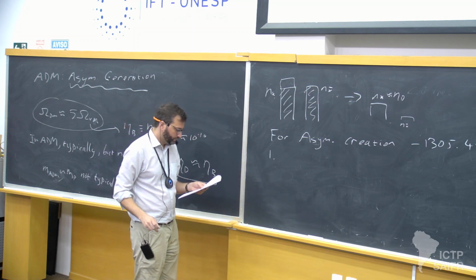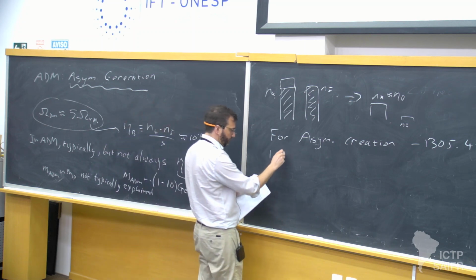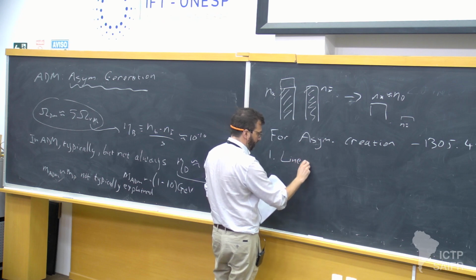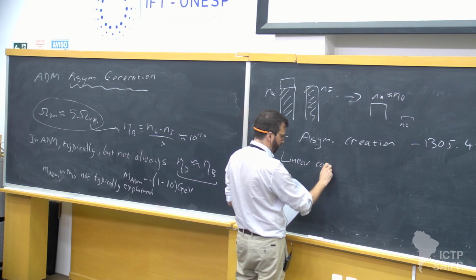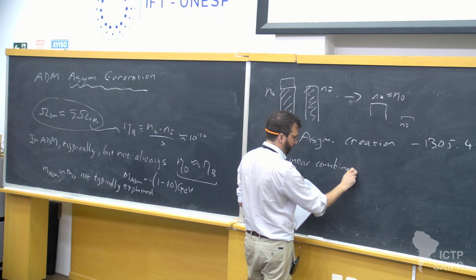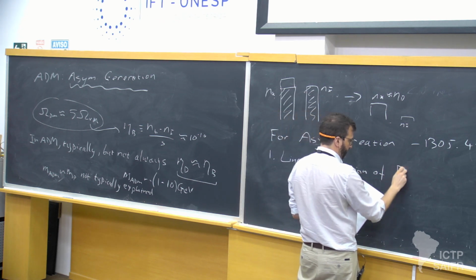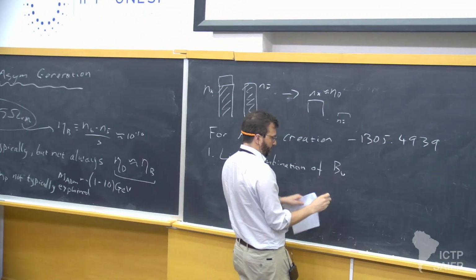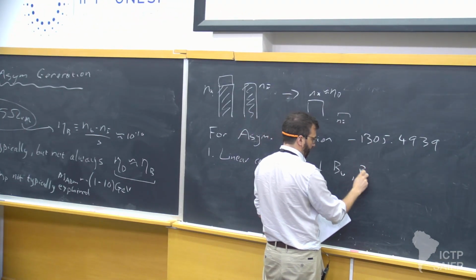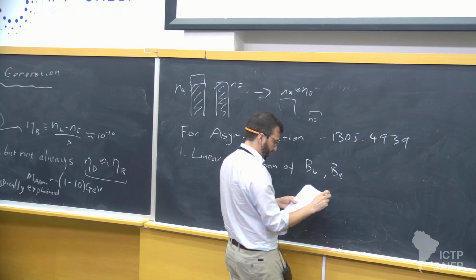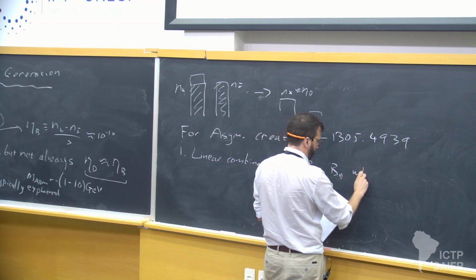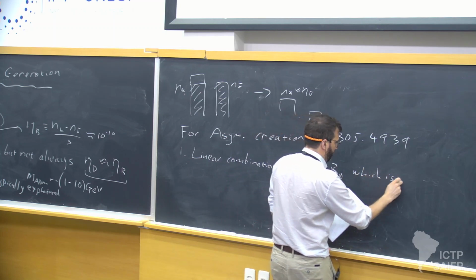Possibility number one is that we have a linear combination of the visible baryon number and the dark matter baryon number, which is exact.